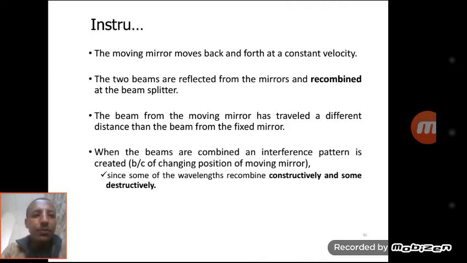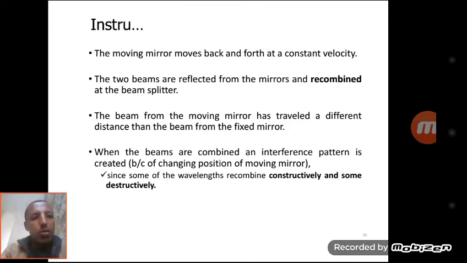As a result, the distance between the moving mirror and the beam splitter varies, but the fixed mirror has a fixed position from the beam splitter, with a constant distance between them.